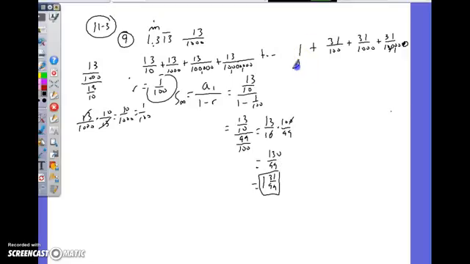The exact same thing. I pull out the 1. It's not part of my series, right? So I would go, my ratio is going to be 1 over 100, same logic. The sum of my infinite series is a1 over 1 minus r. Sorry, 1 minus 1 over 100. What am I doing? Hold on. a1 over 1 minus r.